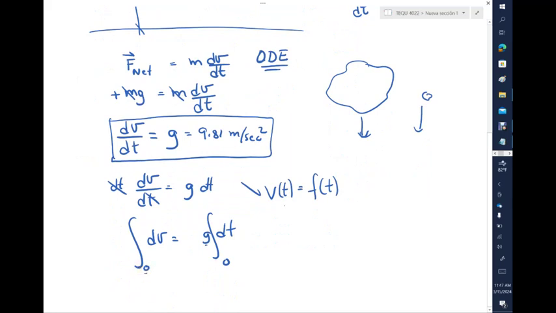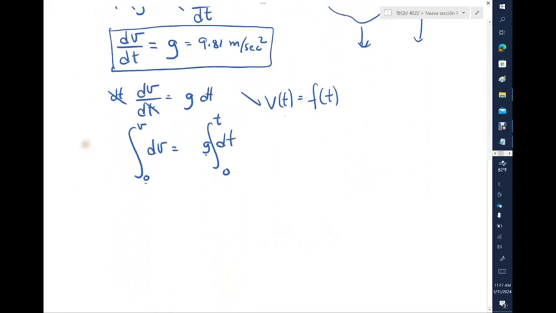At a given t for a given velocity, the left integral is v evaluated between 0 and v, which is v minus 0 equals v. The right side is gt evaluated between 0 and t, which is gt minus 0, or gt.